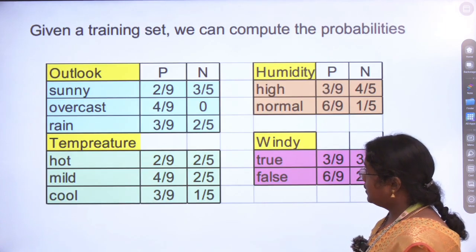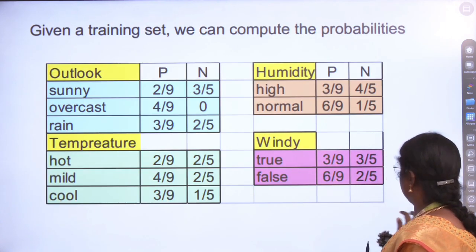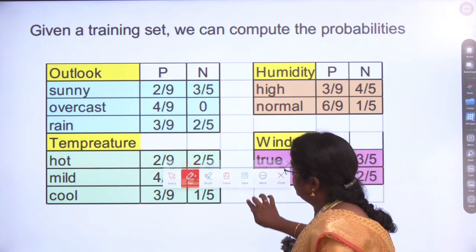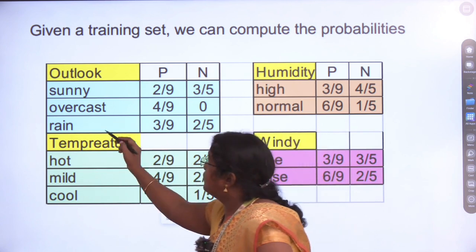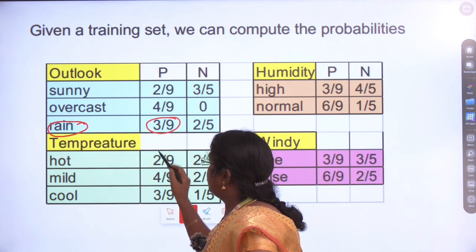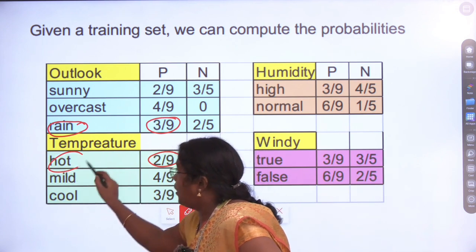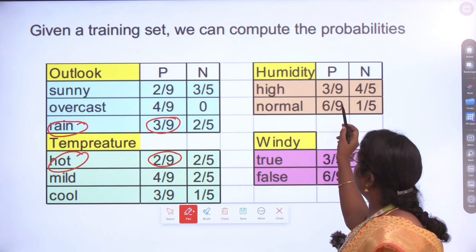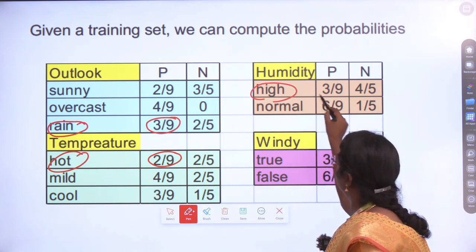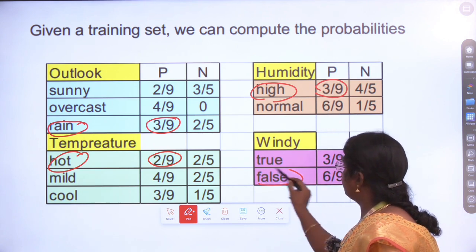So in the previous table, I have taken the outlook is rain, then the temperature is hot and the humidity is high, then windy is false.